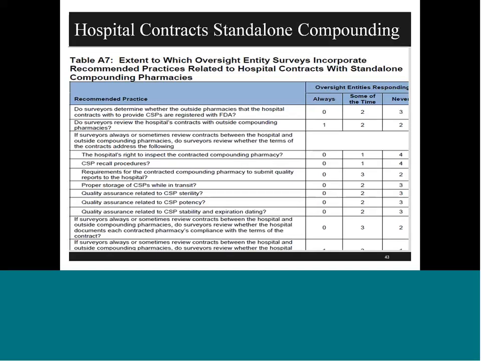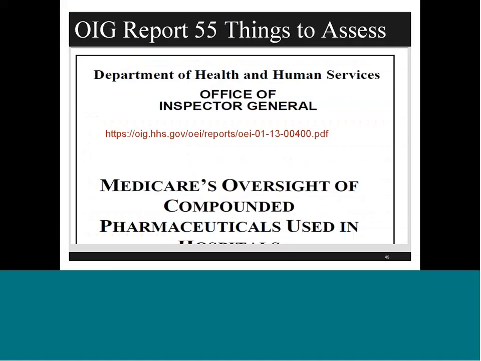So you'll see the second one up there: does the surveyor review the hospital contract for your outside compounding pharmacies? This is the 55 things, and this is why they rewrote the pharmacy standards. They also trained all 4 accreditation organization surveyors, and also the state agency.